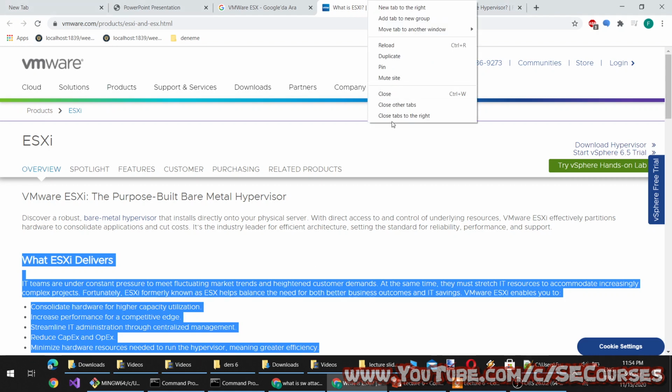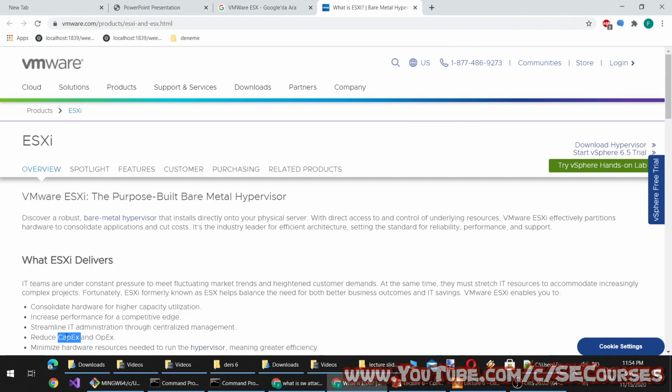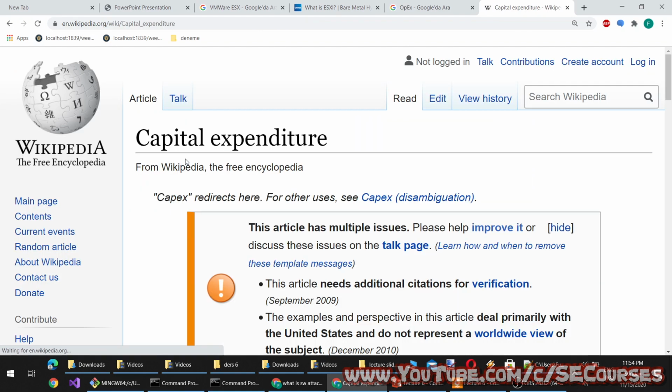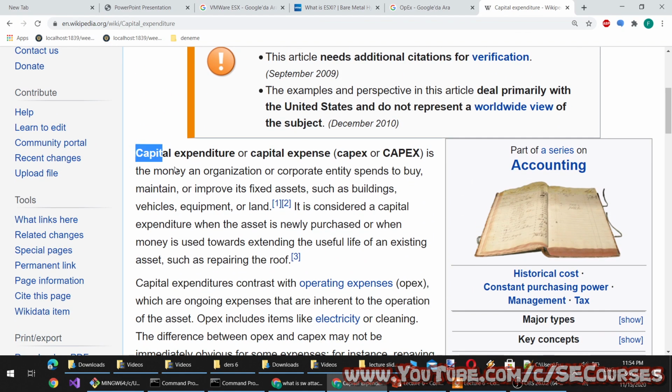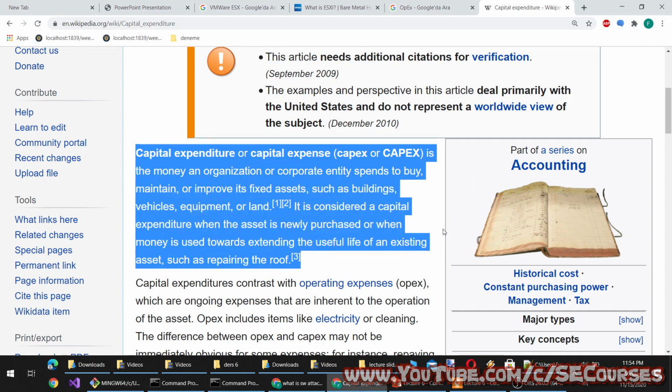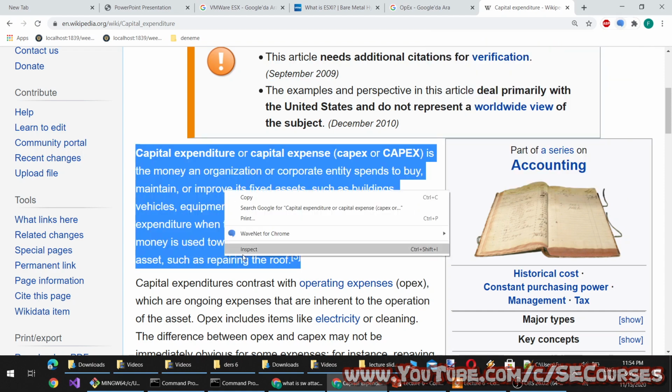Okay, so there are two other terms, which are CapEx and OpEx. So CapEx and OpEx, what are they? I think there is a problem with my internet connection.